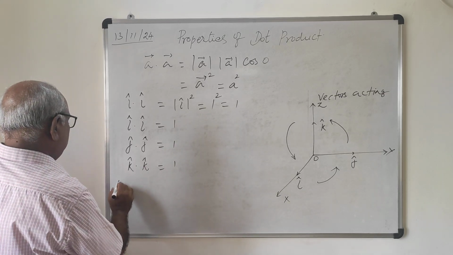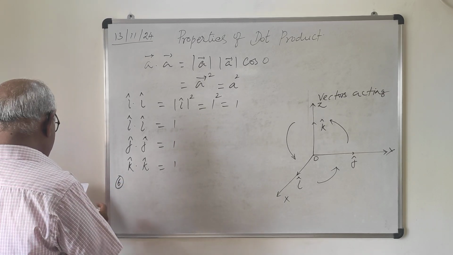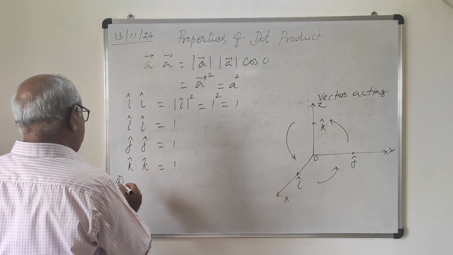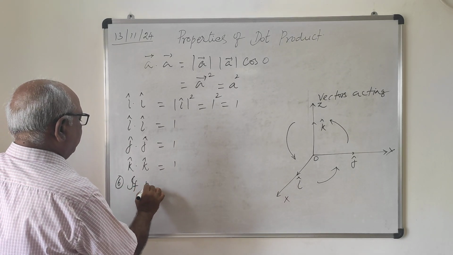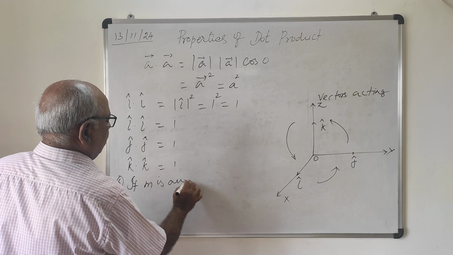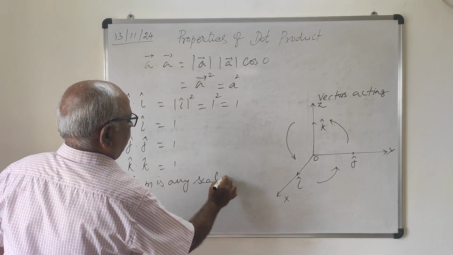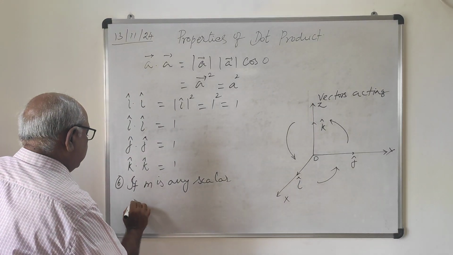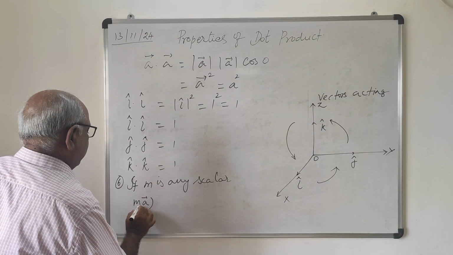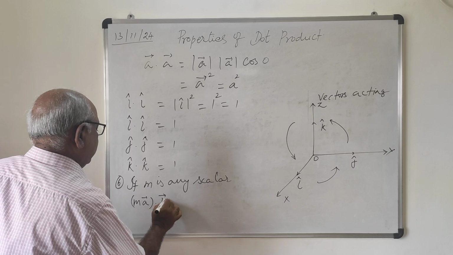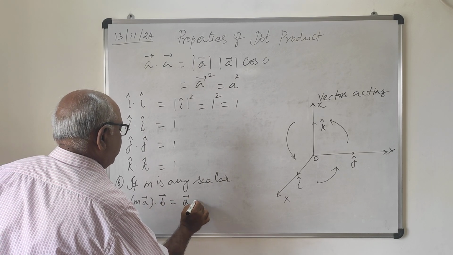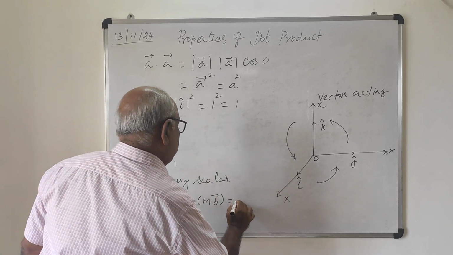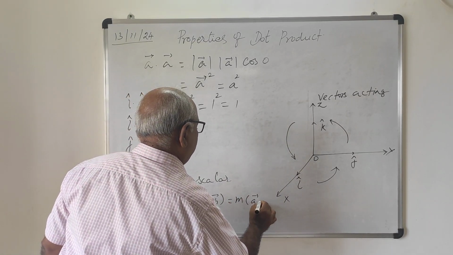Next, property number 6 is, if m is any scalar, and A and B are any two vectors, then (m A) dot B equals A dot (m B) equals m into (A dot B).